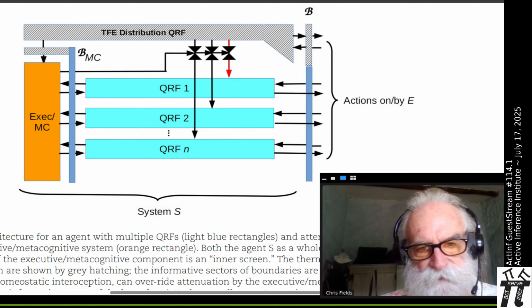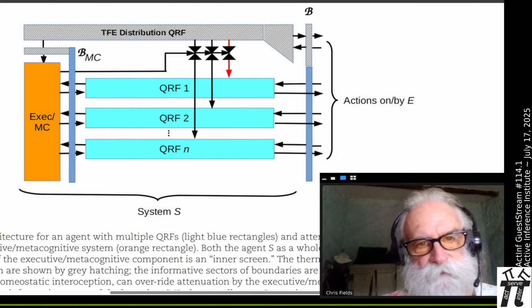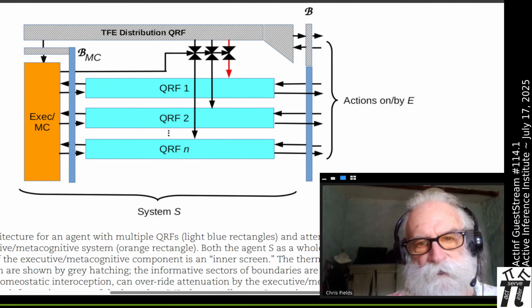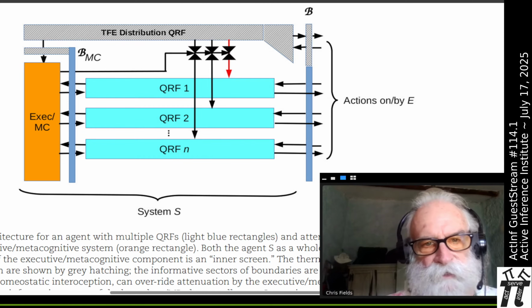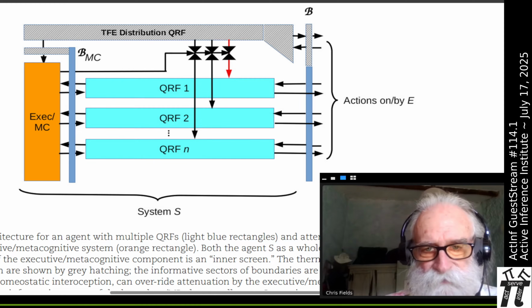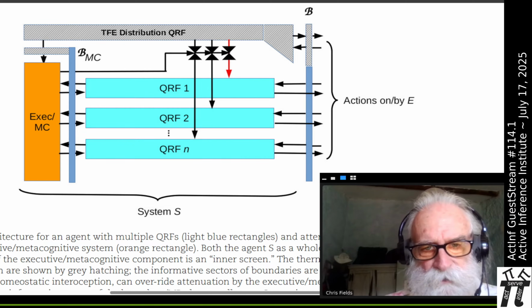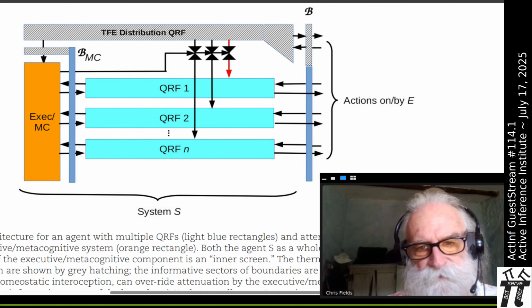And it also experiences whatever output they give it. So they might identify some object and tell the meta controller, oh, that's a table, or that's a conspecific, or that's a predator, or that's something else. And the system as a whole experiences what's written on its boundary, which is labeled B here, by its environment.